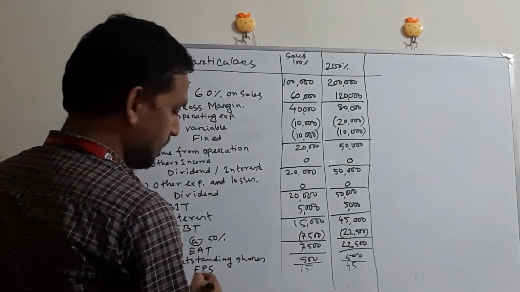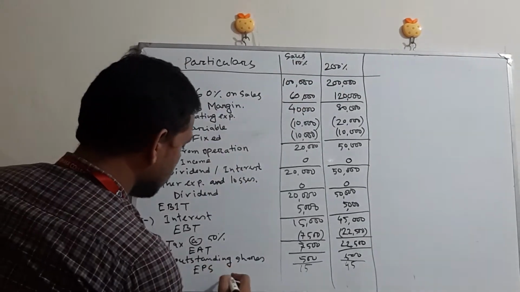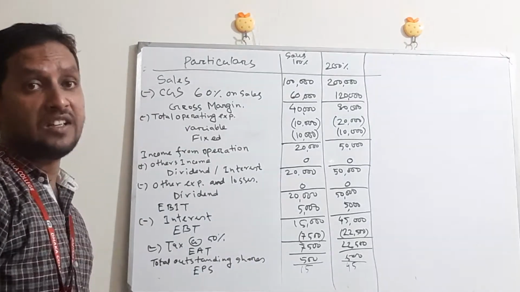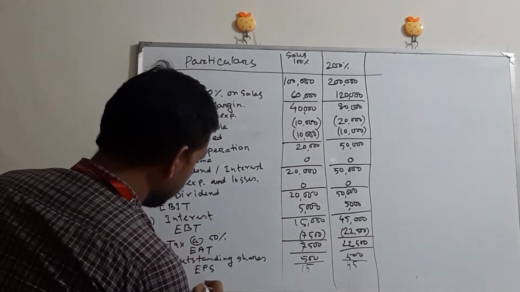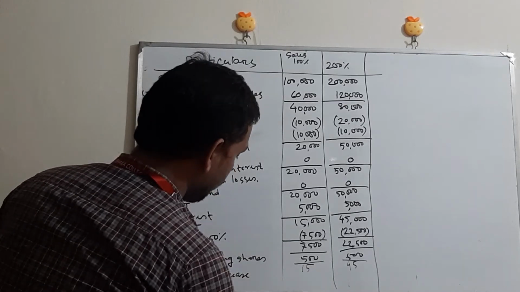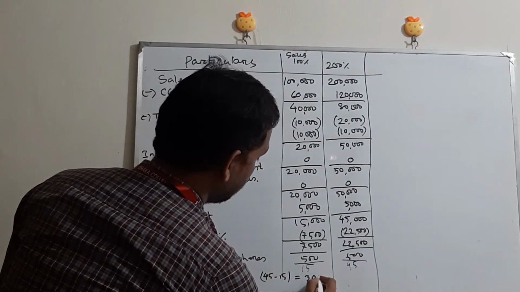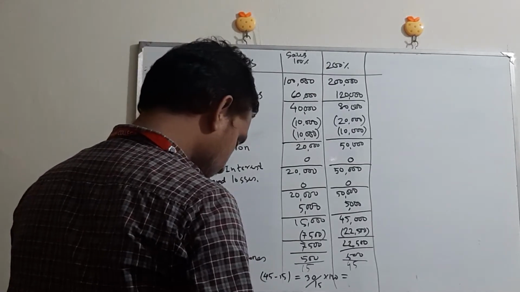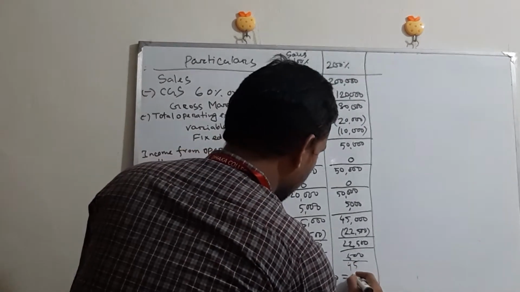So the changes between sales 100% and 200%, the effect of changes on EPS: if sales become double, then EPS increases by 45 minus 15 taka equals 30 taka. 30 taka divided by 15 into 100, which is 30 divided by 15 equals 200%.